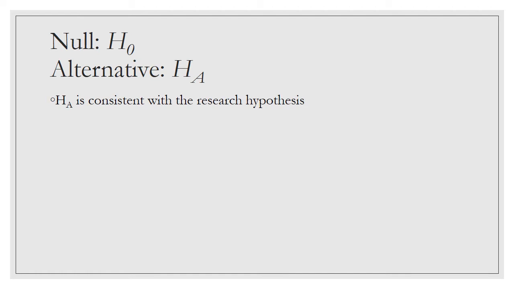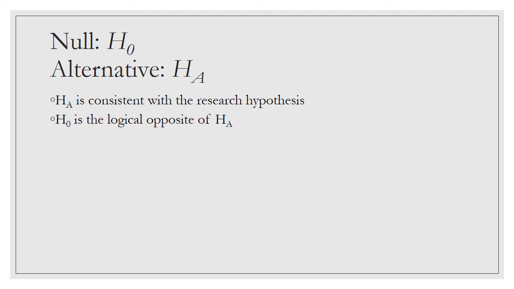HA, our alternative, is consistent with our research hypothesis. We actually call both of these, both the null and alternative, once we've written them out in statistical form, our statistical hypotheses. But the alternative will be consistent with what our research hypothesis is, in our regular language, what we wrote out as our research questions.